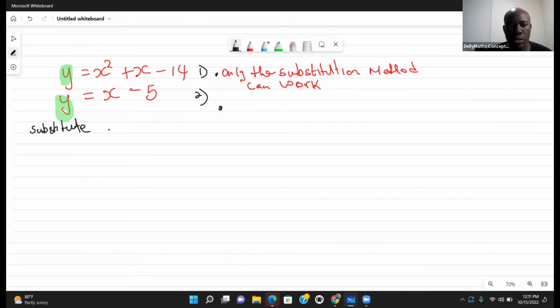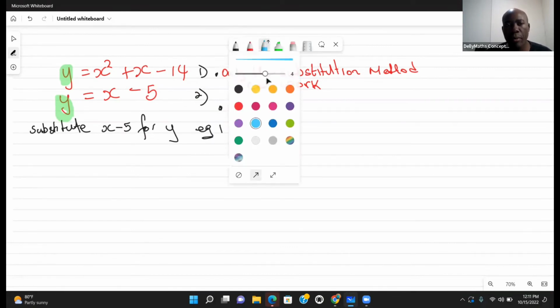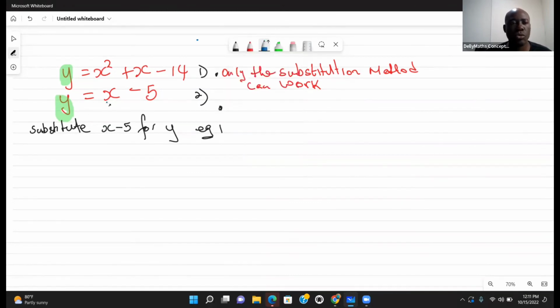I can substitute x minus 5 for y, and I can do it in equation 1 right now. So in other words, at this moment, I am able to take x minus 5 and plug it right in.